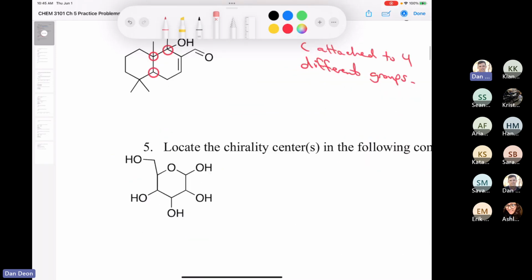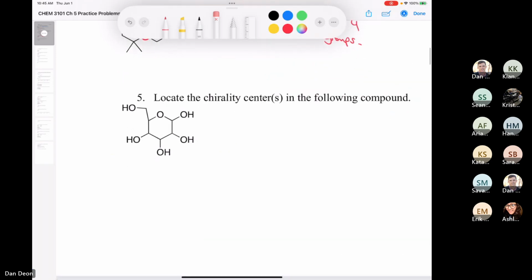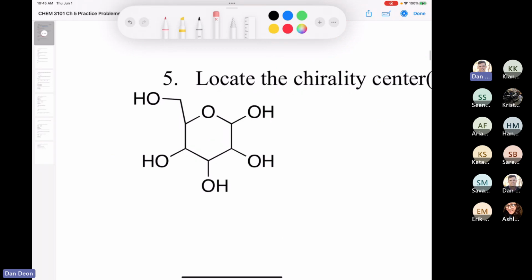The next question, I think, is in the exact same vein. Okay, looking for chirality centers. This cannot be a chirality center because it's a CH2 group. It's got 2 hydrogens on it. Therefore, it is not a chirality center. But if you look at this carbon, you can see it's attached to 4 different groups, isn't it? It's got an oxygen, it's got this group, it's got a proton that's not drawn in, and it's got all of this.